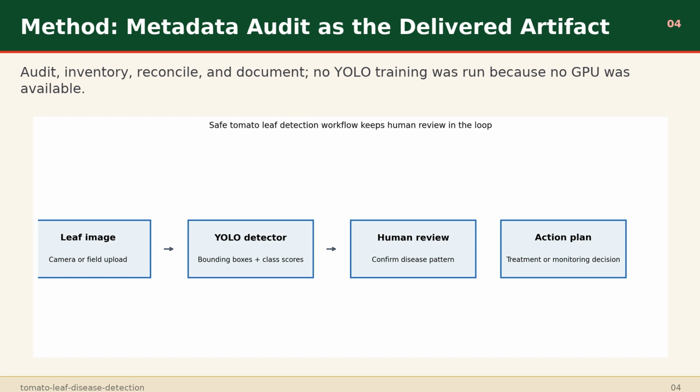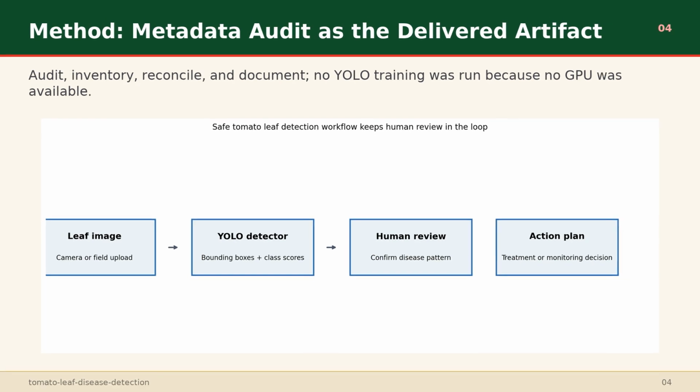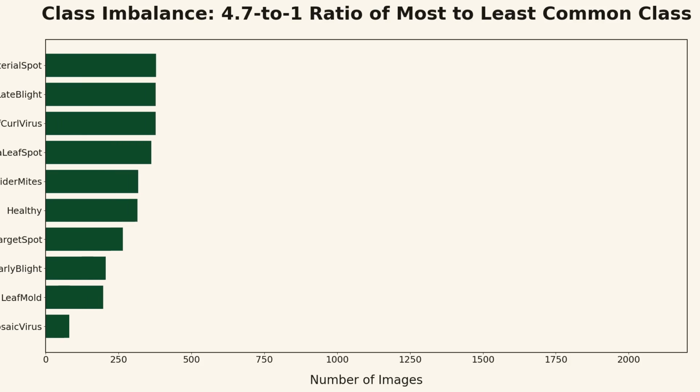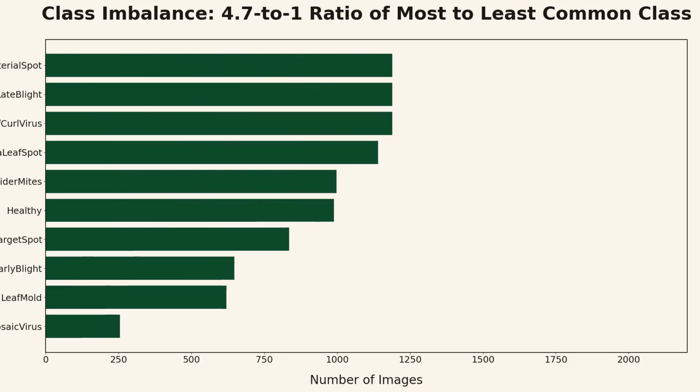The class distribution is the most concrete finding in this pass and carries direct implications for how a future training run must be configured.